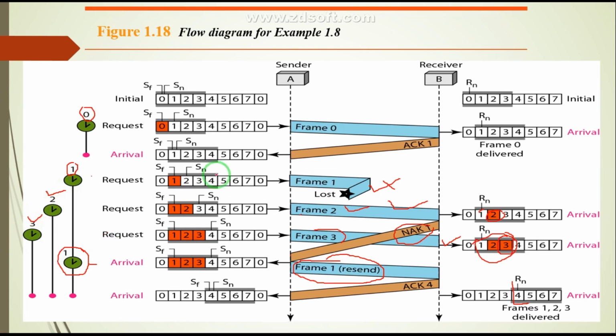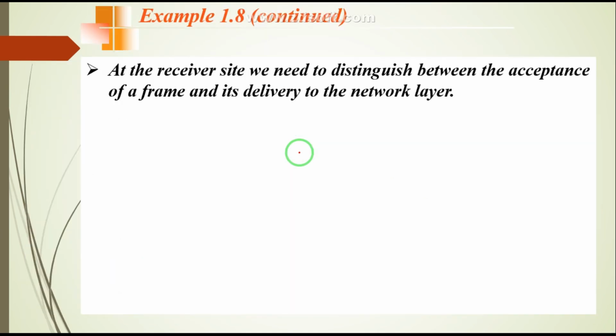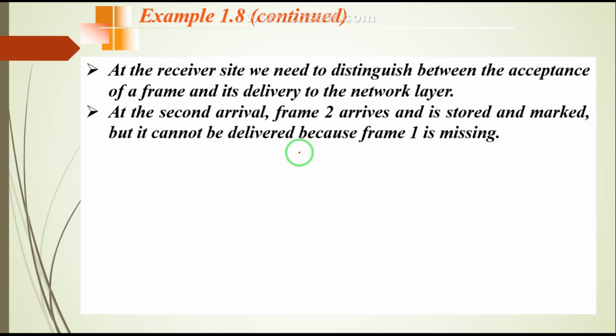Right? So what are the points that we have concluded from this example? Now you can see it. At the receiver side, we need to distinguish between the acceptance of a frame and its delivery to the network layer. Because at the second arrival, frame 2 arrives and it is stored and marked, but it can't be delivered because frame 1 is missing.